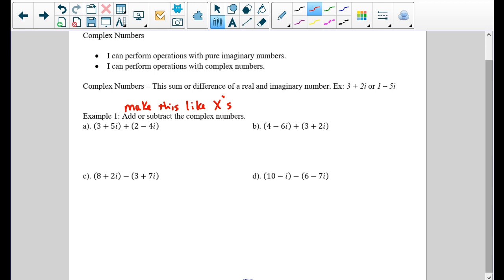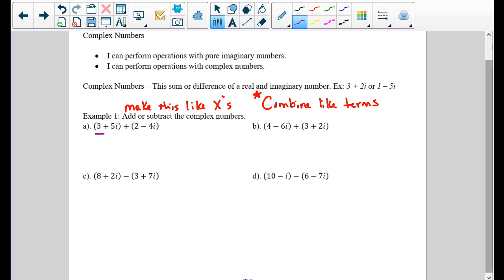Thinking about these i's as variables, I'm combining like terms. Same idea, a little different concept because i is an actual number and not just a random variable, okay?